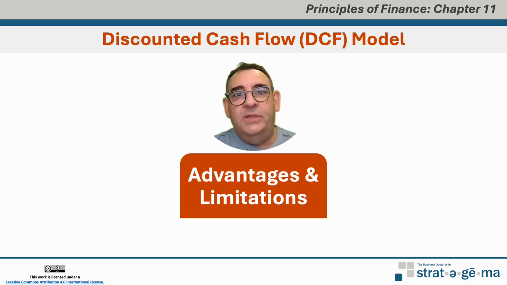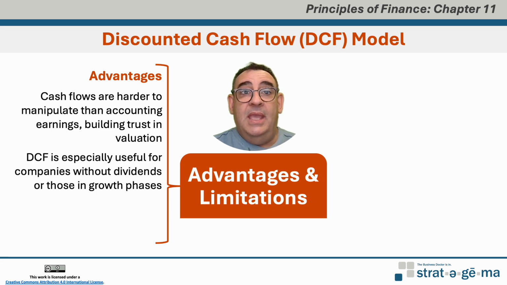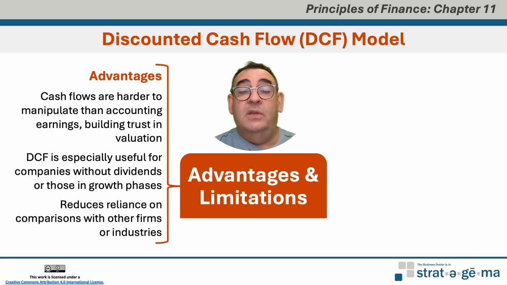So some advantages of the discounted cash flow model include that cash flows are harder to manipulate than accounting earnings, so that builds some trust in the valuation. Cash flows are my favorite thing to look at with the business. The DCF is also valuable for companies that don't pay dividends, and they reduce reliance on comparisons with other companies.